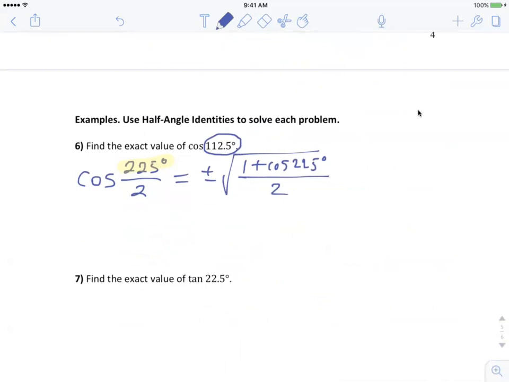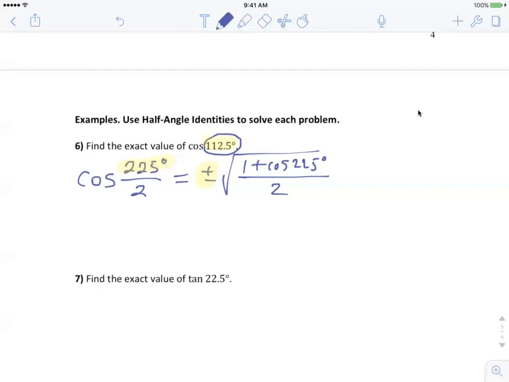And so one thing you're going to have to do on these is decide, is it plus or minus? I think there's a couple of problems that just have you do that only. And you'll know which one it is based off of which quadrant 112.5 is located. Right, so 112.5 is between 90 and 180, which is in quadrant 2.